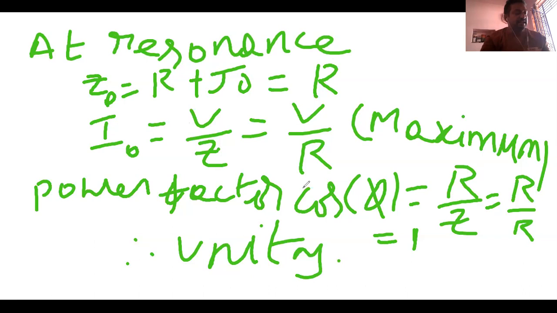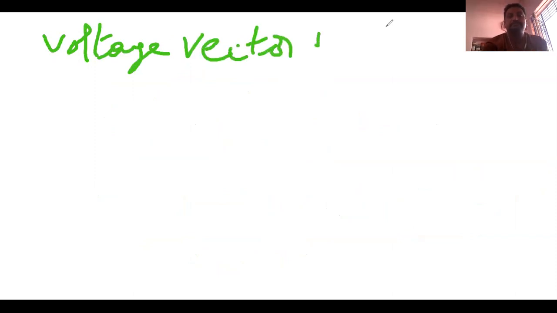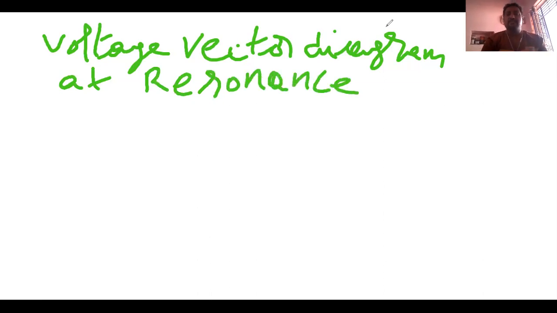Next, finally, we'll go to the voltage vector diagram at resonance. At resonance, as already told, the voltage is on the x-axis.